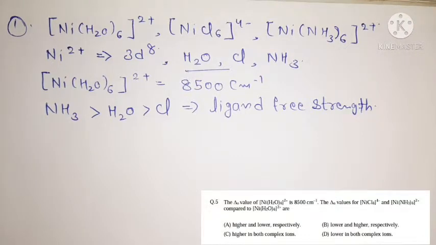Okay, now we know there is a clear relation between the value of del O and ligand field strength. Okay, what is the relation between del O and ligand field strength? The relation is when ligand field strength increases, that means the value of del O will also increase. Okay, this is the relationship between your value of del O and ligand field strength.